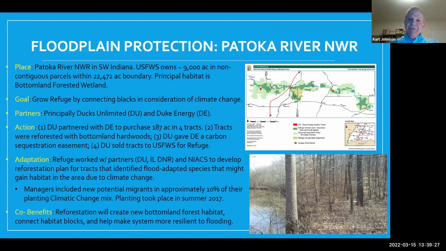And they put in their reforestation mix some species that were likely to move into the area because of climate change. So it was one of the first where the reforestation plan was really focused on climate and climate impacts. So not only does the restoration create this new bottomland hardwood forest habitat, but it connects habitat blocks that were there. It helps to make the system more resilient to flooding, and it provides recreational opportunities, all as co-benefits.